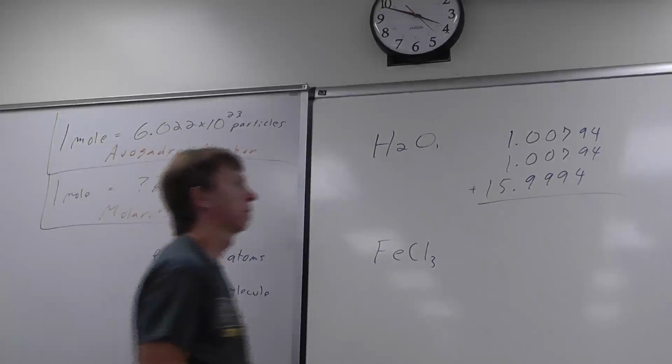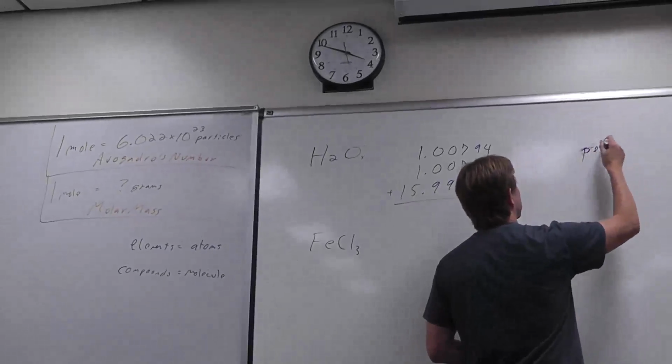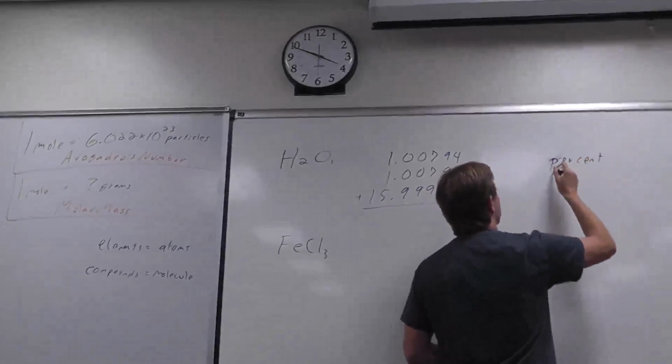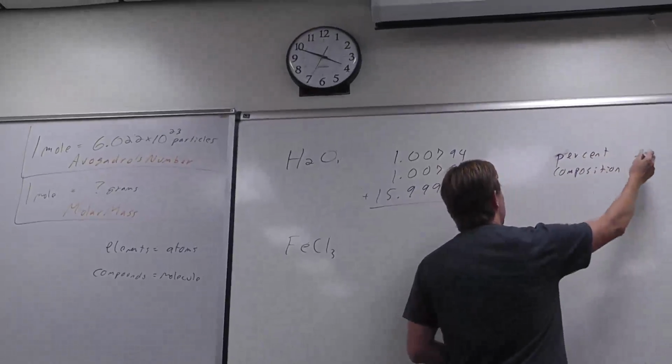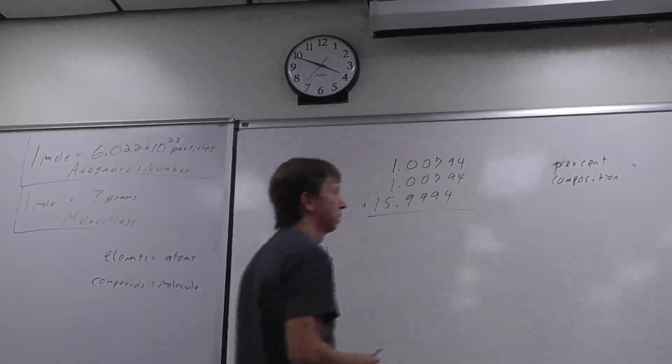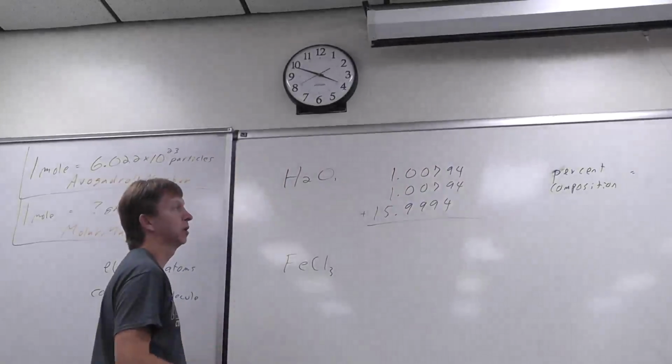Now we have this thing called percent composition, which is looking at a compound and divvying out that mass in terms of how much of it is due to each element.